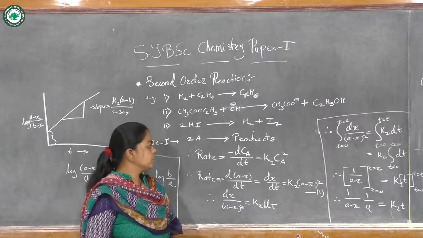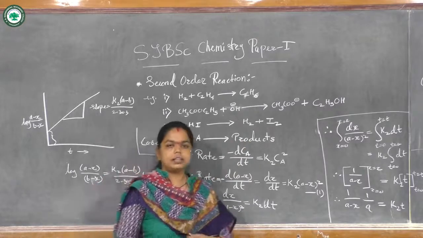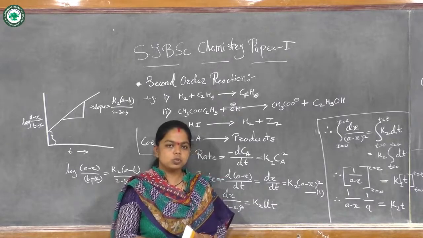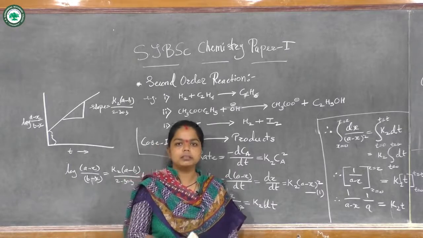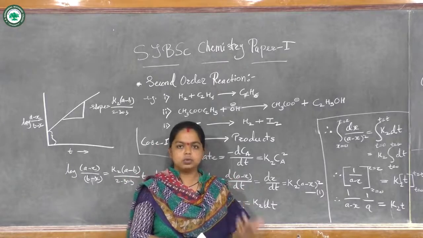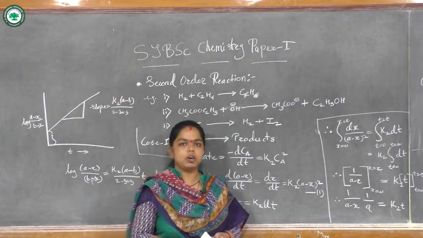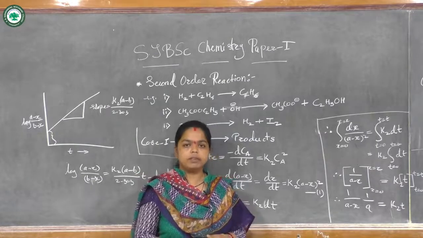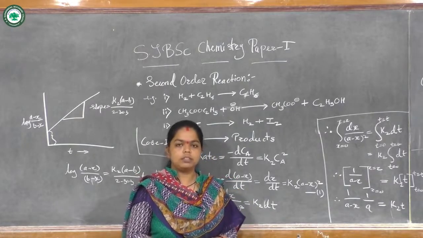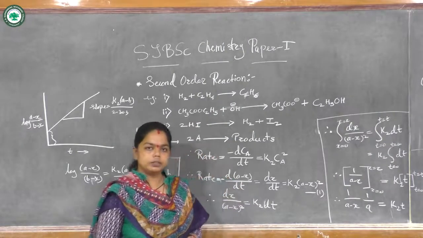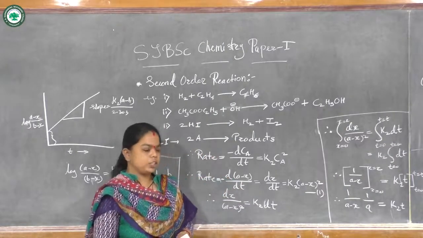A gives the product. Now in the second order reaction, as the exponent is 2, either one reactant may be involved having coefficient 2, or two reactants may be involved having coefficient 1 each. After adding 1 and 1, it gives 2, so it becomes a second order reaction.